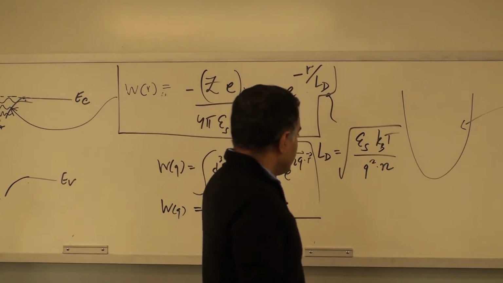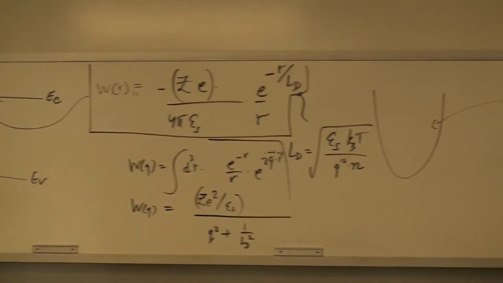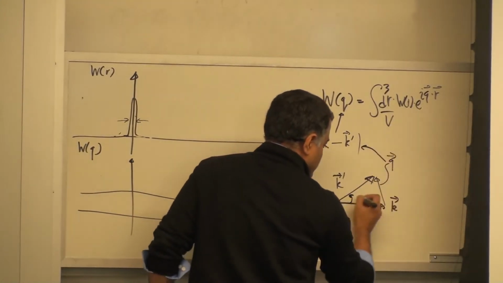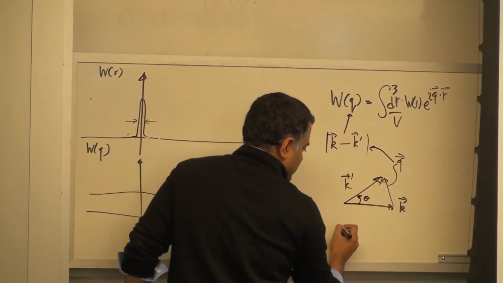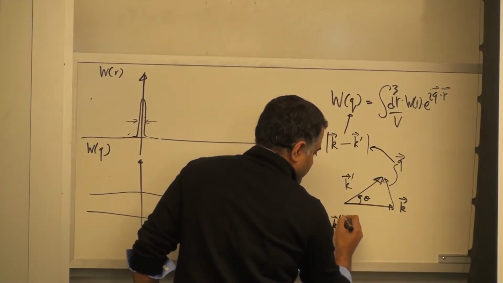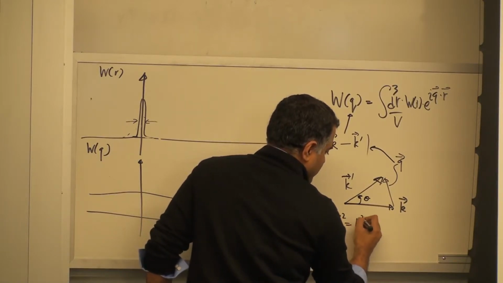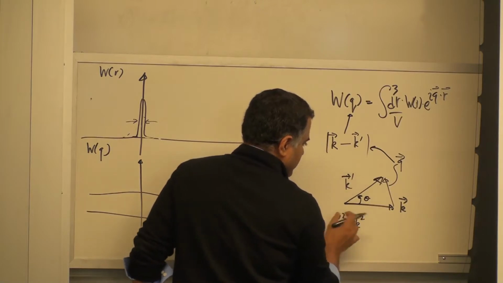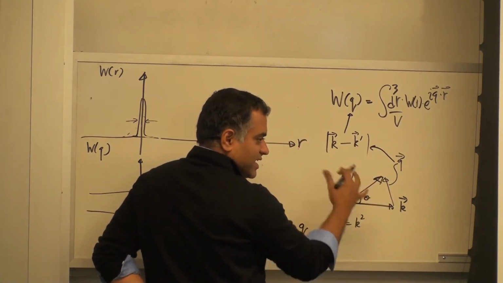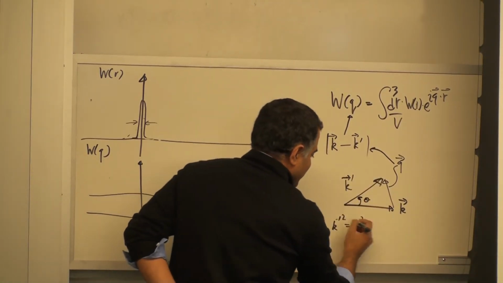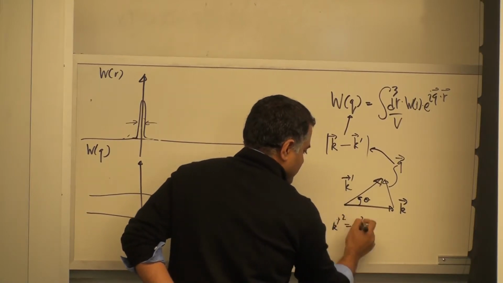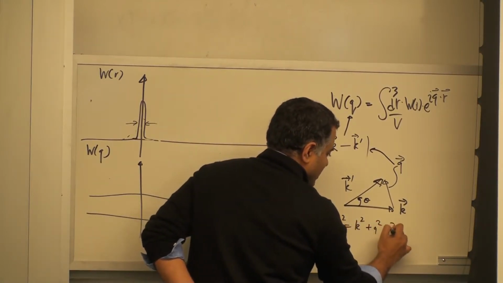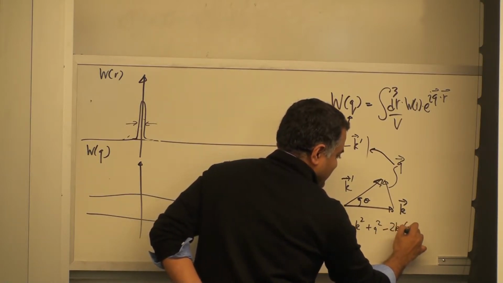Because these two scattering mechanisms are not changing the energy, you can write from the triangle identities that K prime squared is K squared plus K squared minus 2K squared cosine theta, or something like that.